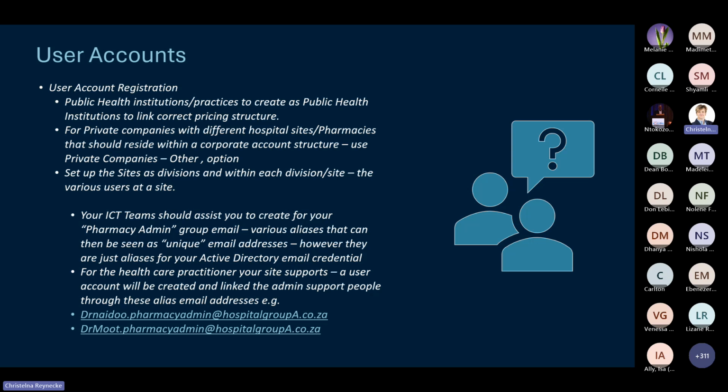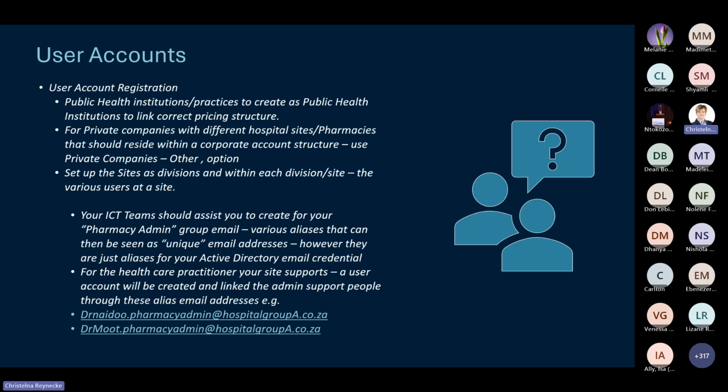Now, as we've said at the onset, it's important for us from an ICT governance perspective that each user is linked to a unique email address. What we can give guidance on is that we know sometimes your pharmacy practice or your pharmacy at your hospital facilitates the administration around ordering the stock on behalf of some of the healthcare practitioners within the hospital.